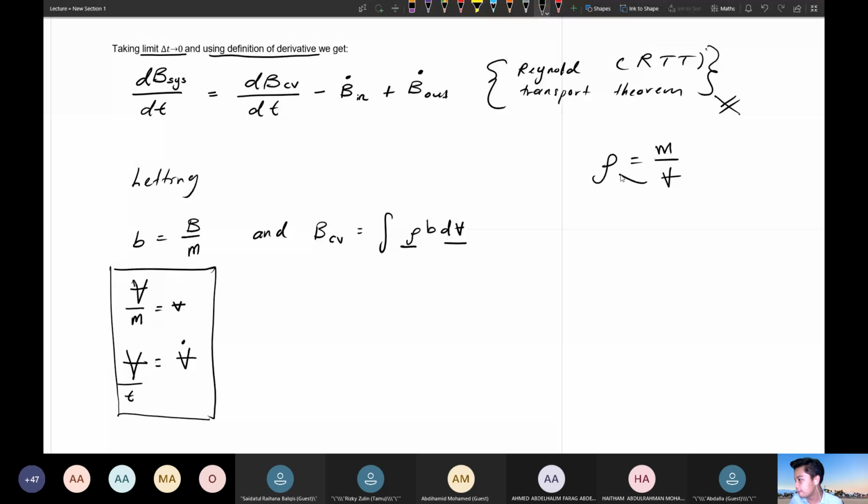When the density is multiplied with the volume, you will have the mass. So the mass multiplied with b, you're going to have the capital B. It is the same thing. From here you can see rho dV reflects the change of mass.